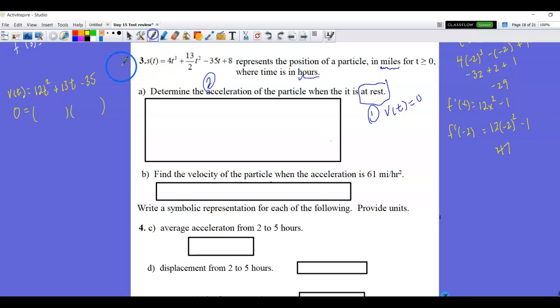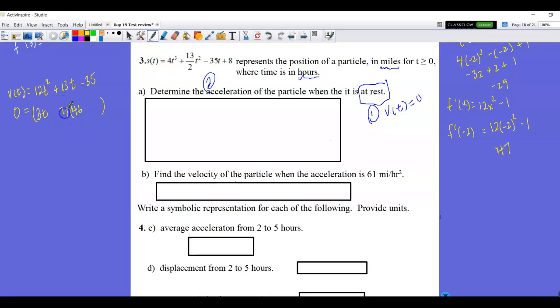So factors of 12, I'm going to try 3 and 4, and the factors of 35 are 7 and 5. Let's see, 7 and... that would be 28, 15.